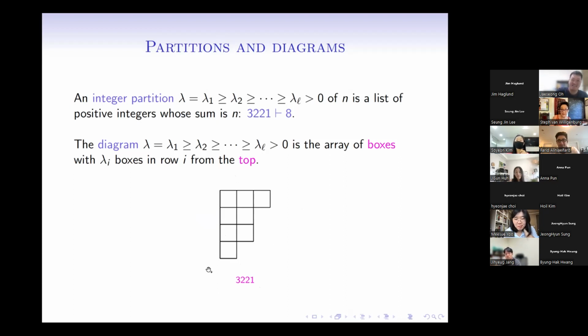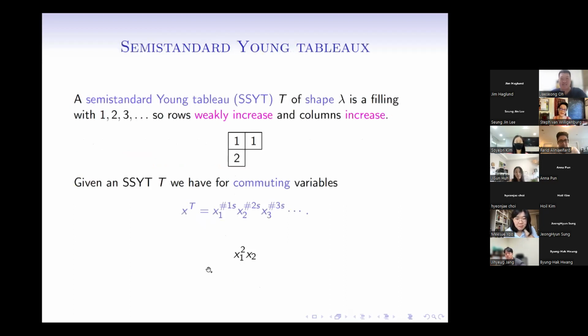And then I'm going to neatly left justify them. Then a semi-standard Young tableau of shape lambda is going to be a filling of those boxes with the numbers 1, 2, 3, and so on, so the rows weakly increase as we read them from left to right, and the columns strictly increase as we read them from top to bottom. So here's a little example right here. Notice our rows weakly increase, 1, 1, and our columns strictly increase, 1, 2, and then there's just 1 here.